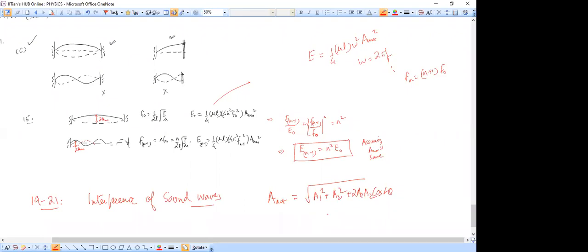The delta phi in this case will become 2 pi by lambda into the path difference. The path difference will be the path of the longer one, which is 3 by 2 pi r, minus the path of the shorter one, which is pi r by 2. So that is how you have to do this question. However, we'll deal with this later.